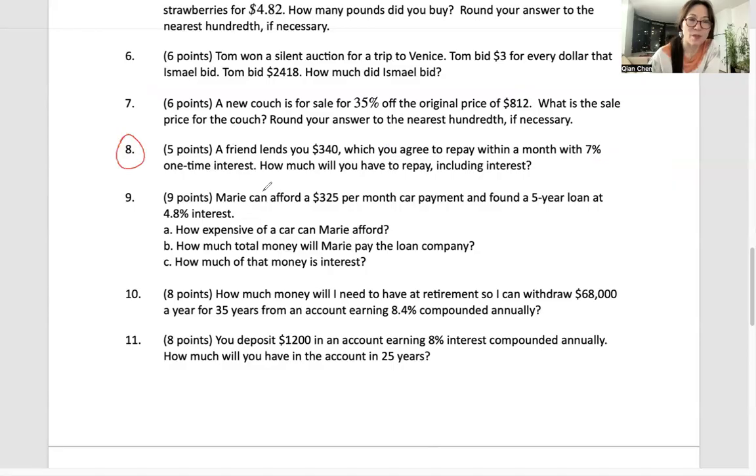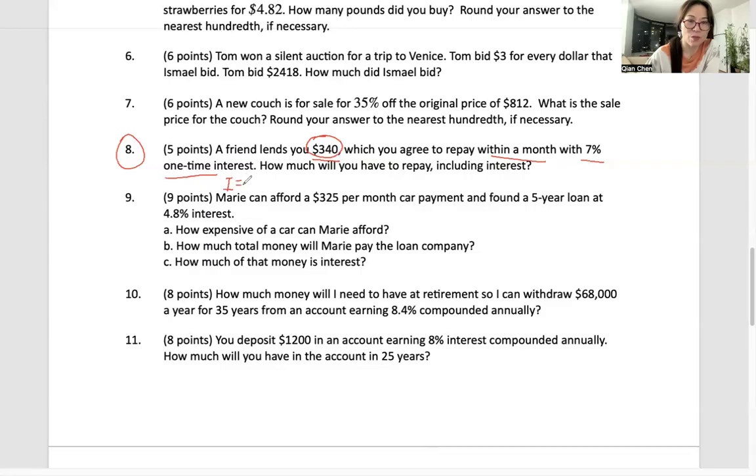A friend lends you $340, which you agree to repay within a month with 7% one-time interest. So that's the first formula we're using. How much will you have to repay, including interest? Well, $340 in total. So let's calculate the interest.